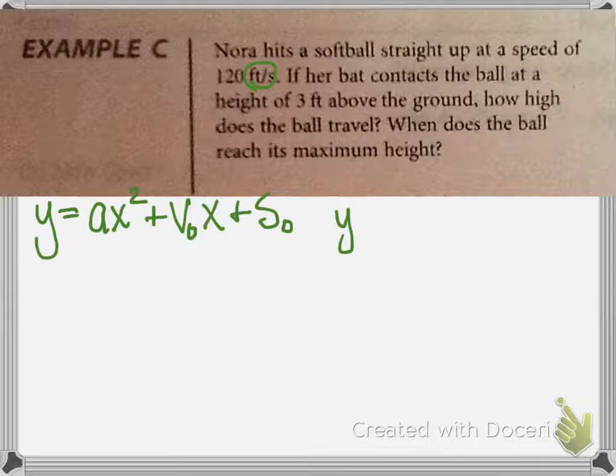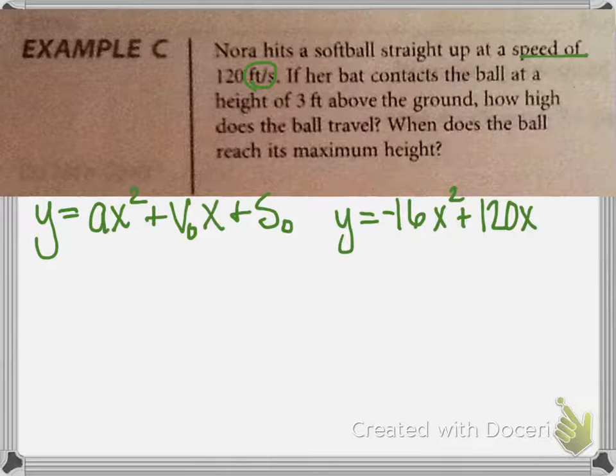So I have y equals negative 16 x squared plus v0, the initial velocity she hit the ball, which was 120 feet per second, so plus 120x.